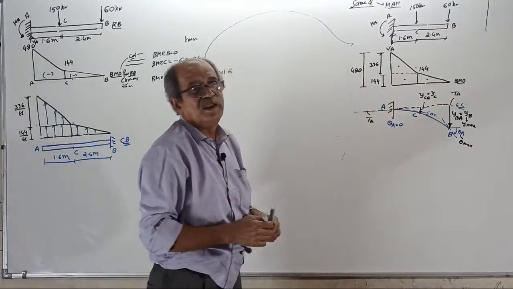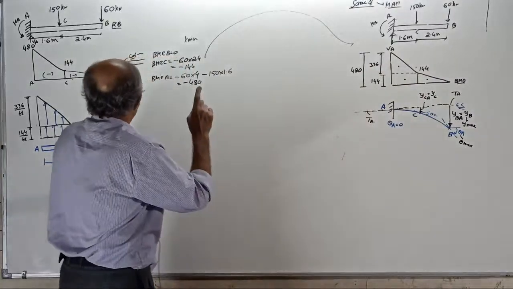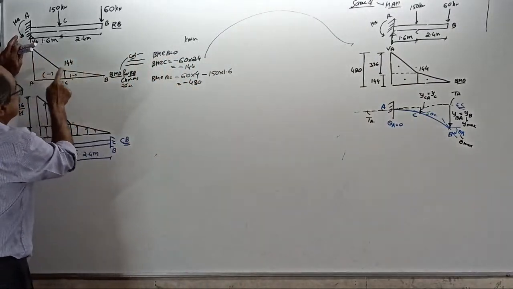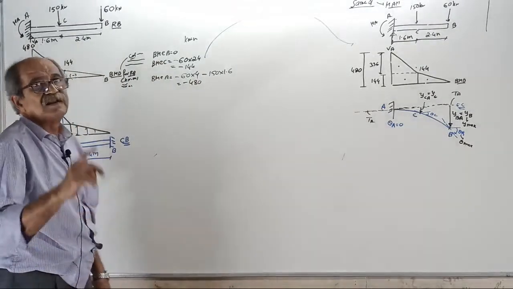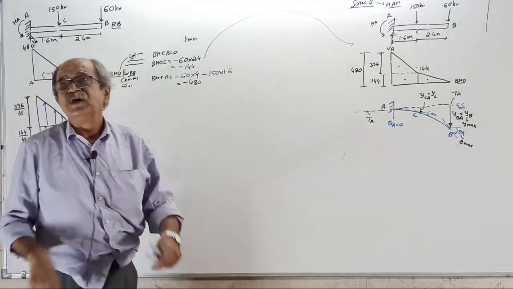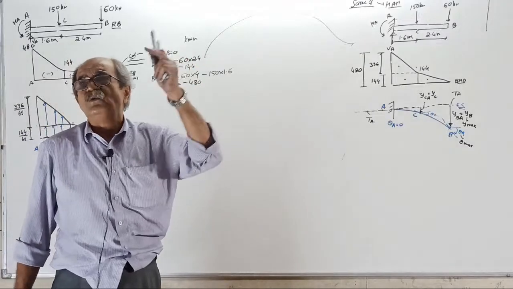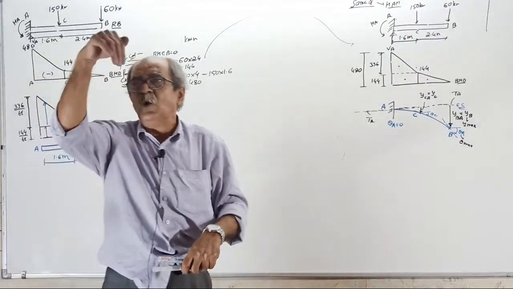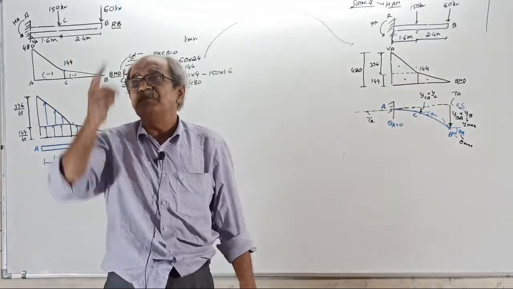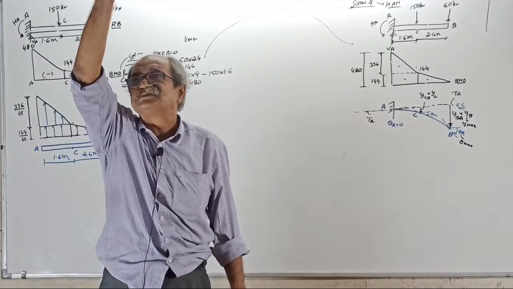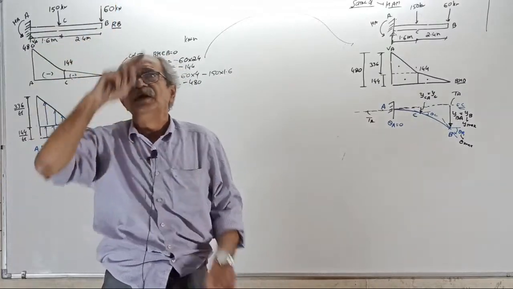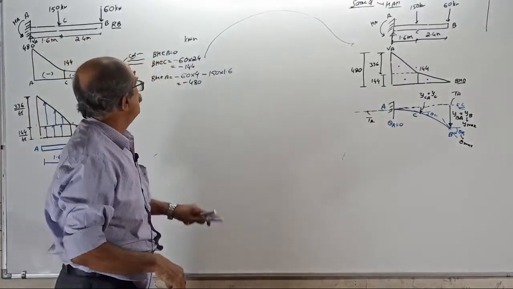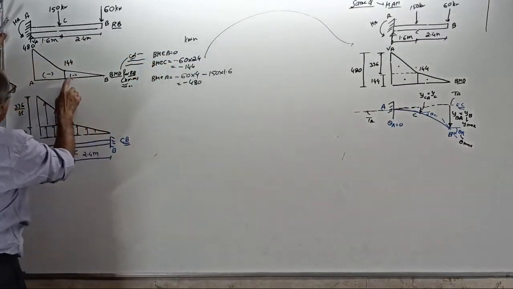In the conjugate beam method, you need sign for the BMD, because we are going to consider the BM by EI diagram as a loading diagram. At that time, if BM is plus, loading is down. If BM is minus, loading is up. Therefore, you need sign. That's why I wrote sign here.